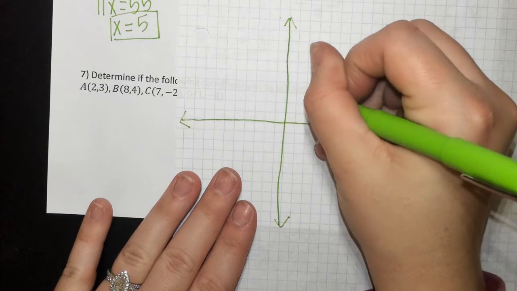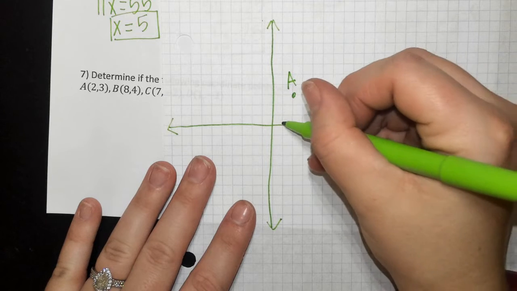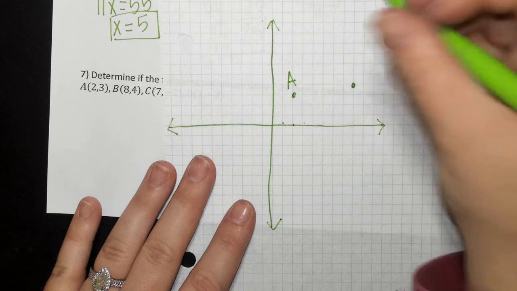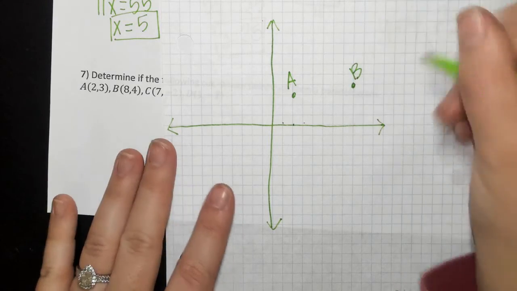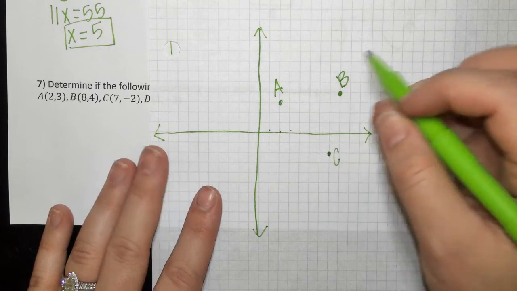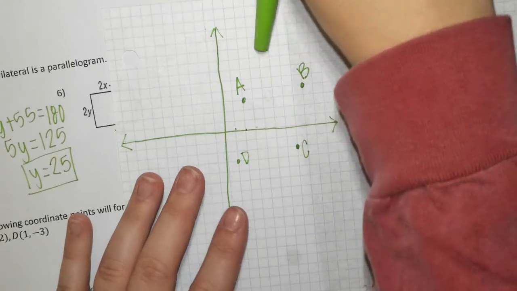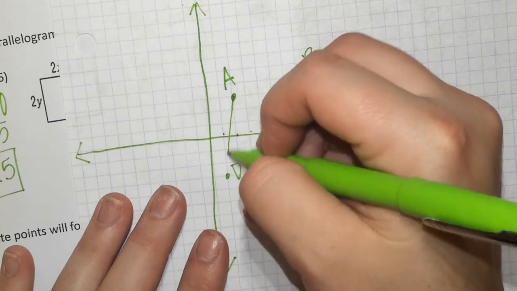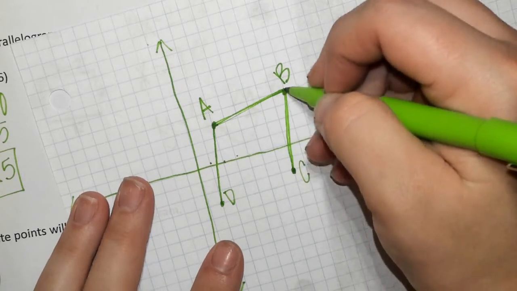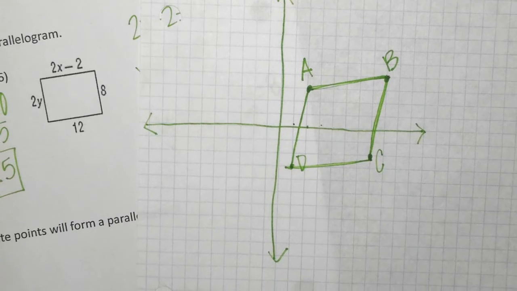So just like 2, 3, there's A. You're going to have some homework problems that have graphing on it. You can use this same paper if you would like.